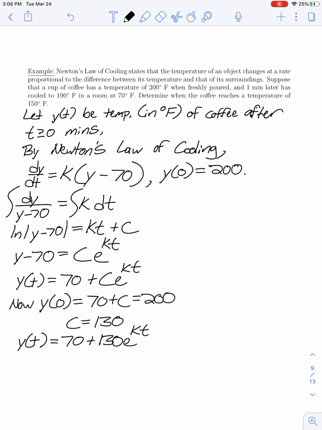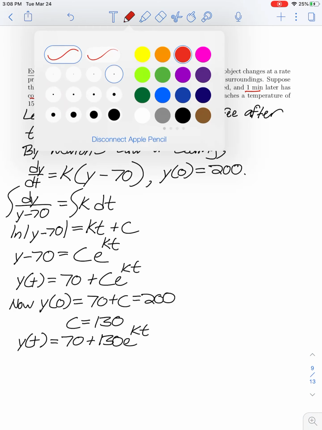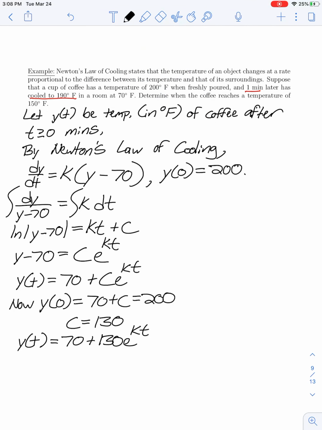Now, we still have an unknown constant in this solution, the constant k, this constant of proportionality that appeared in our original differential equation. Now, to solve for that constant k, we can use the condition given in our problem statement that after 1 minute, our coffee has cooled to 190 degrees.